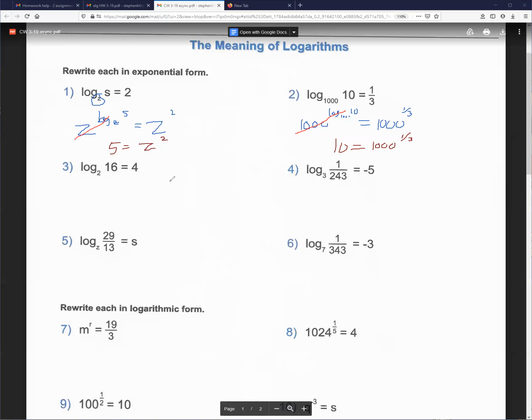We're going to go through this process for every single one of these other ones. Now, you can see that there is a pattern where the z is going to go here, and the 5, I wrote s instead of 5, but that's going to go here, and the 2 is going to go here. So you can just follow through and say, this goes here and that goes there.